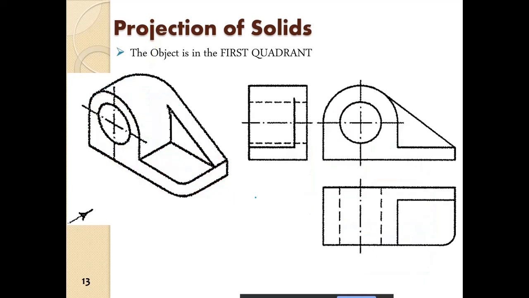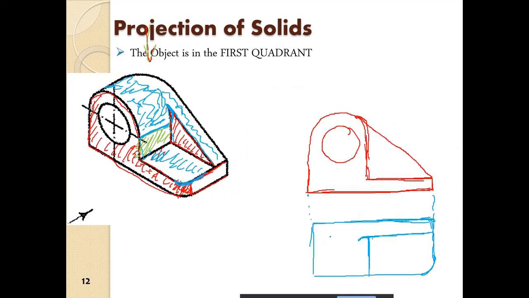Okay, then I forgot this one. This has to be included here as a dotted line. We have to show that there is a space, so dash dot dash dot dash dot dash. That is an annular space, that means it is hollow in there.